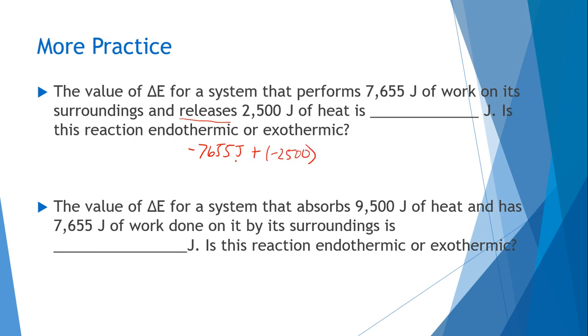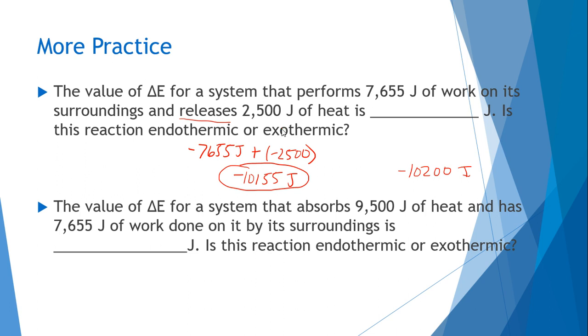So when I actually add these up together, I get an overall total of 10,155 joules. Here, I'm just adding, I'm not too particular about sig figs for this problem. So if you put negative 10,155 joules, that is perfectly fine. If you said 10,200 joules, that is okay if you're doing it by the addition.